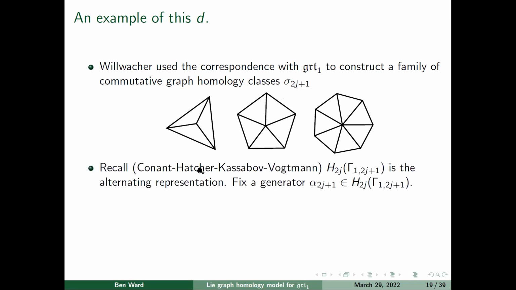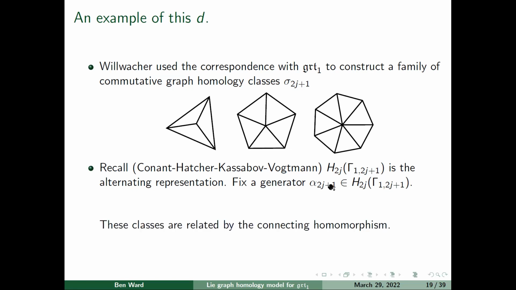But let's also recall from this slide that the genus 1 homology here of this gamma 1 2j plus 1 is the alternating representation in the virtual cohomological dimension in the odd case. So I can fix a generator, just any non-zero element, which would generate this homology group.